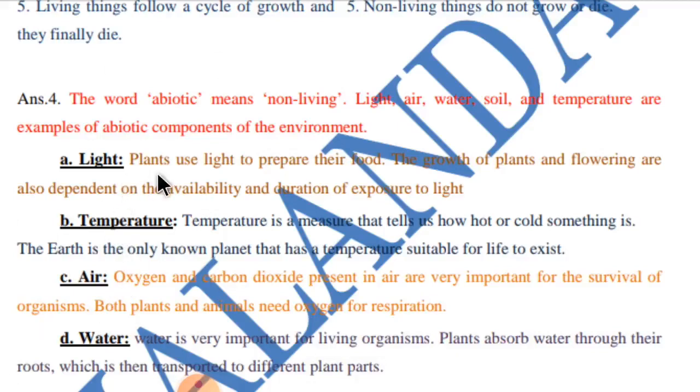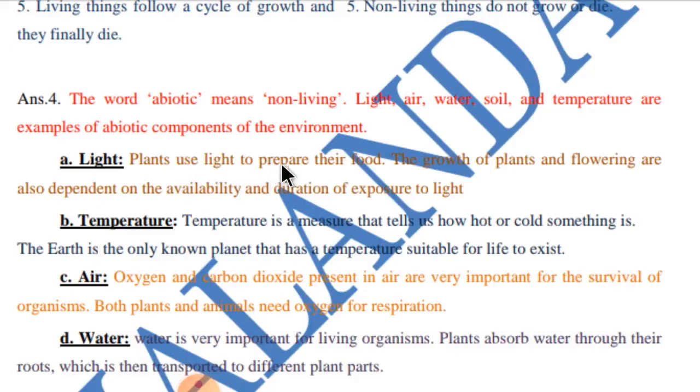Light. Plants use light to prepare their food. The growth of plants and flowering are also dependent on the availability and duration of exposure to light.